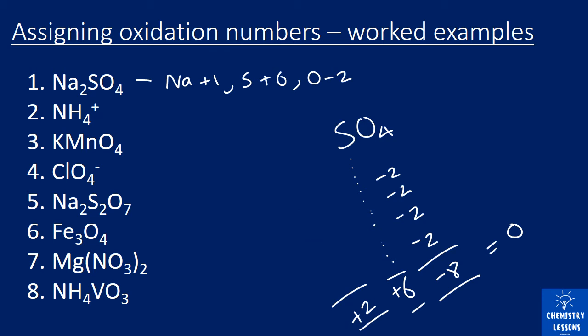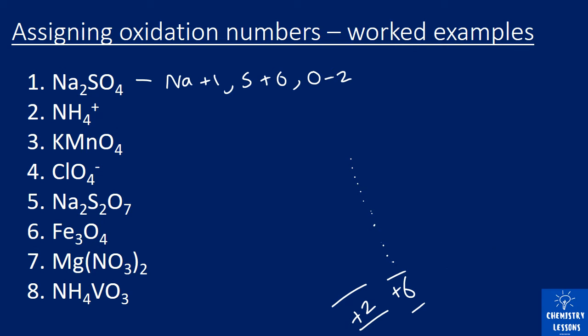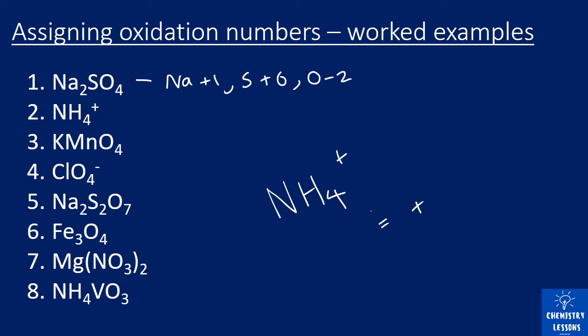Moving on to the next one, NH4+. So I'm going to take my time and set them all out because they do follow the rules. We like to follow the rules. Now this is an ion, so the overall charge is +1, so the sum must add up to +1.